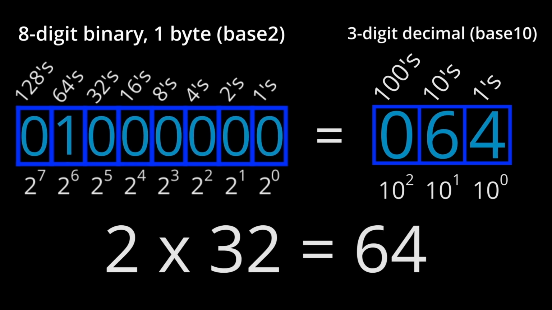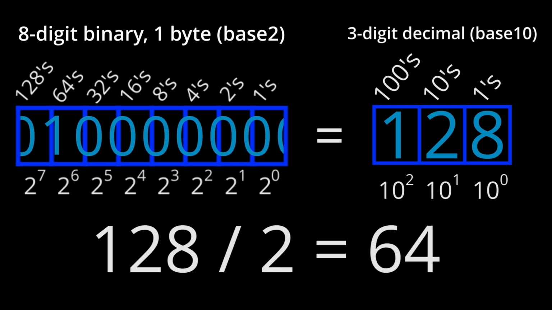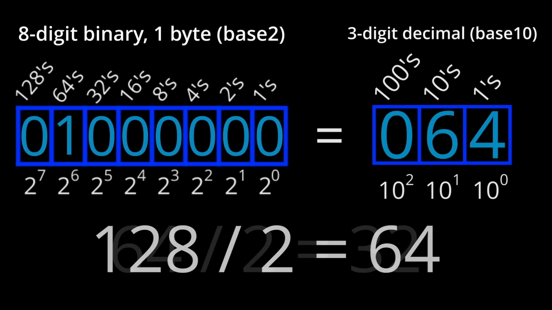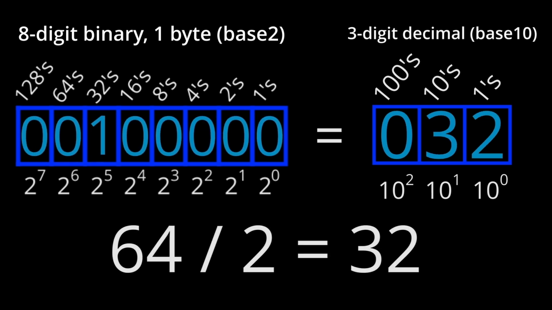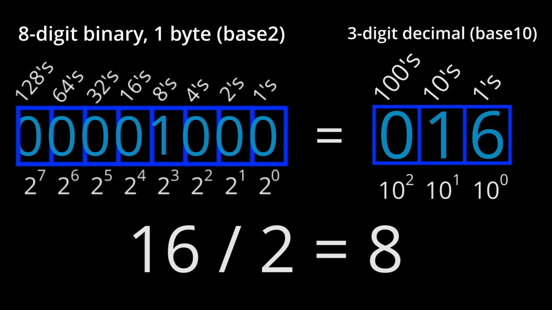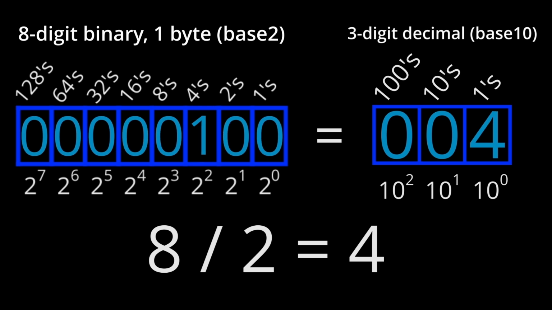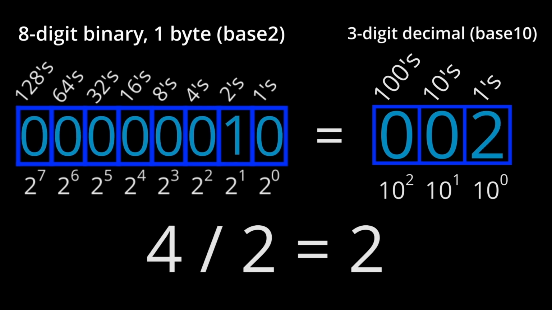Likewise, each time we shift to the right, we end up dividing the overall number by the base of 2. Each shift to the left multiplies by 2, each shift to the right divides by 2.